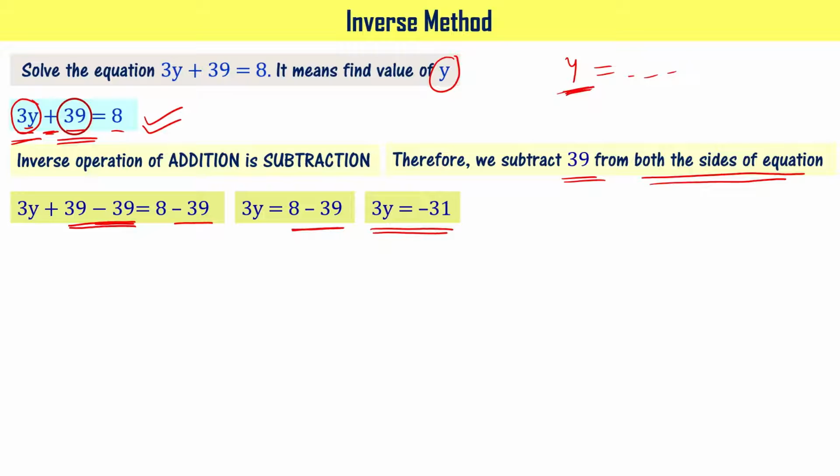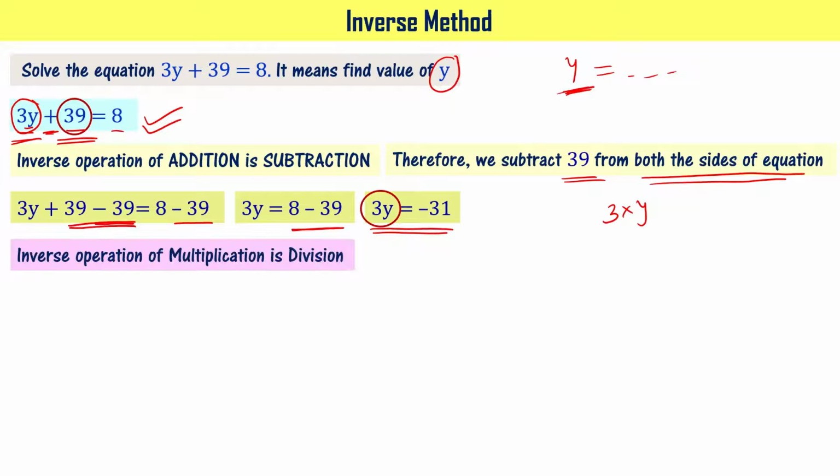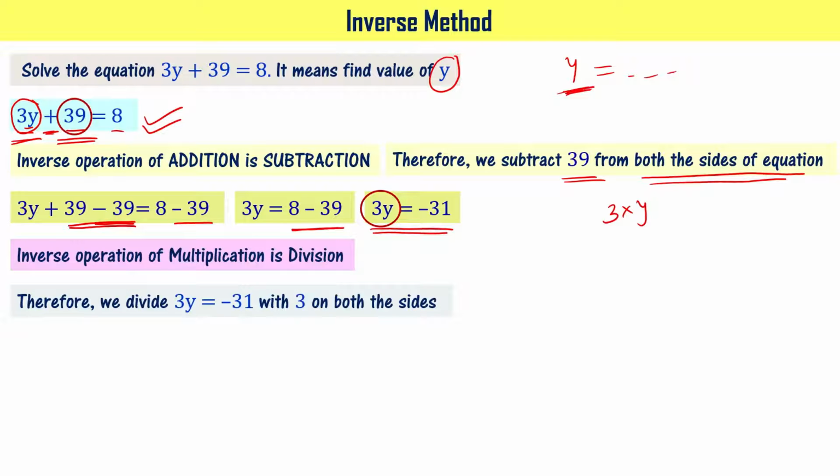Now look at this. We have 3y. 3y means it is 3 into y, right? 3 is multiplying the variable y, right? Now we know that the inverse operation of multiplication is division. Since 3 is multiplying the variable y, I'm going to divide both the sides of the equation by the number 3.